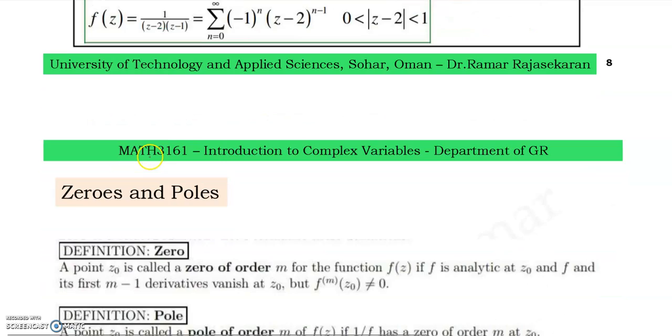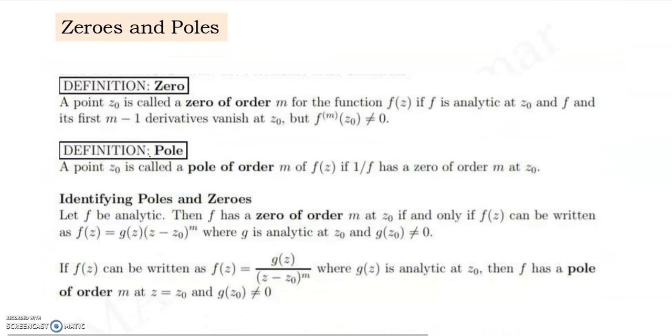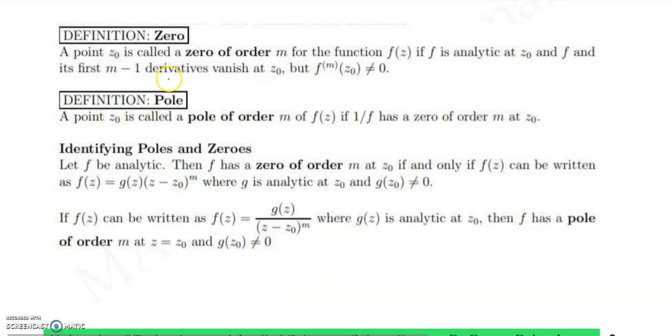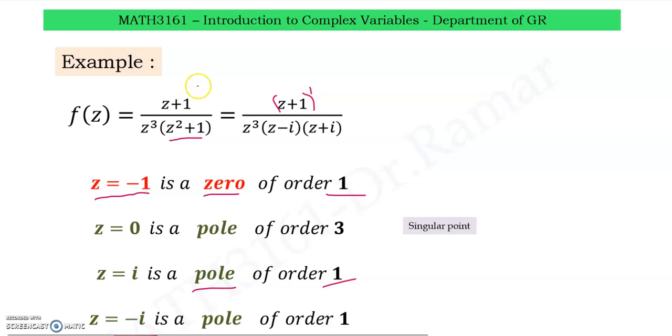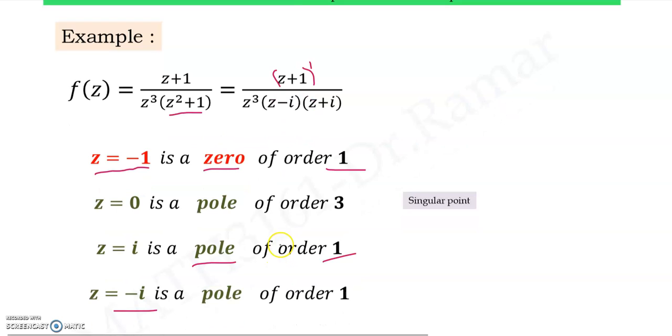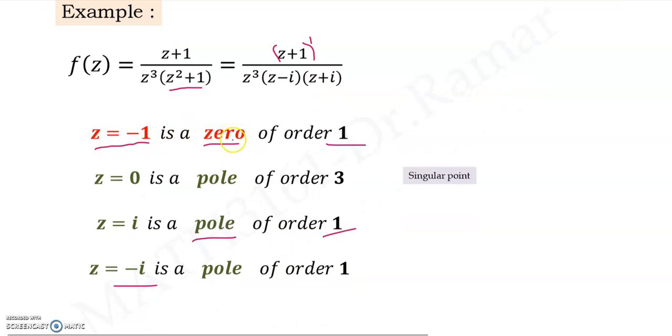Okay, now you see here what are zeros and poles. This is the definition for zeros and poles, and now we will see the example for this. This is the given function: z plus 1 by z cube multiply z square plus 1. Actually, we have already seen this. Now, for the zero, you find the value of z in the numerator of the function, that is z equal to minus 1 is a zero of order 1.